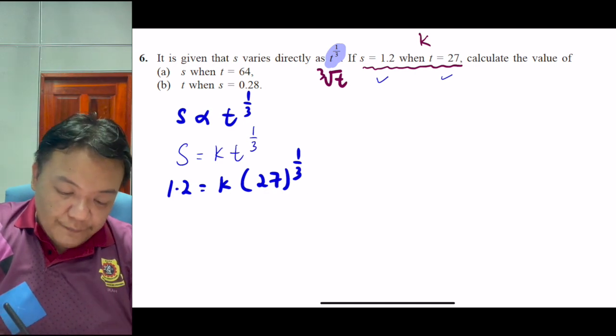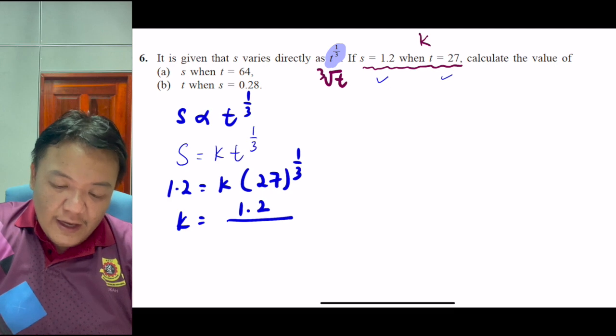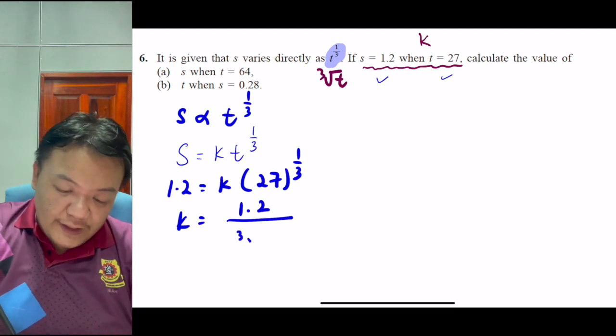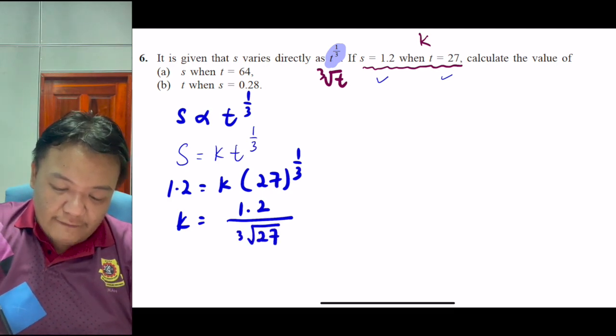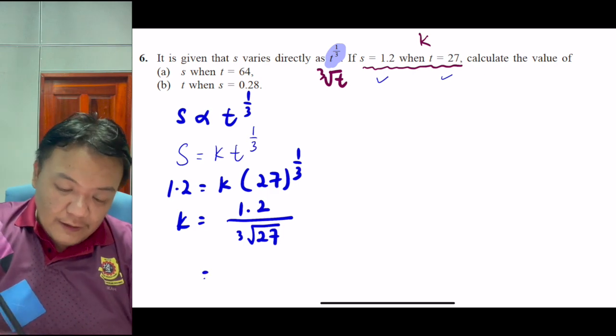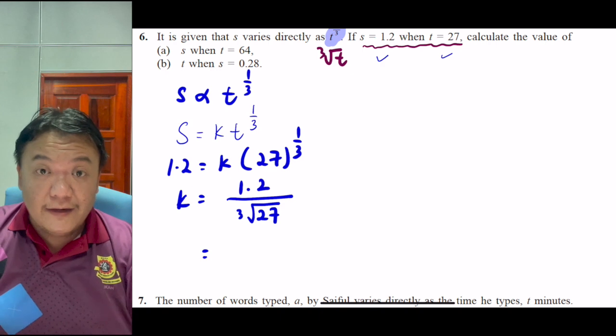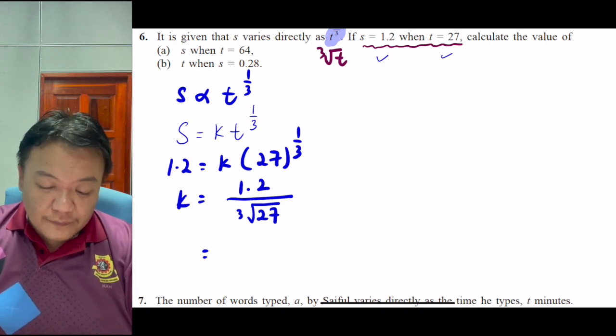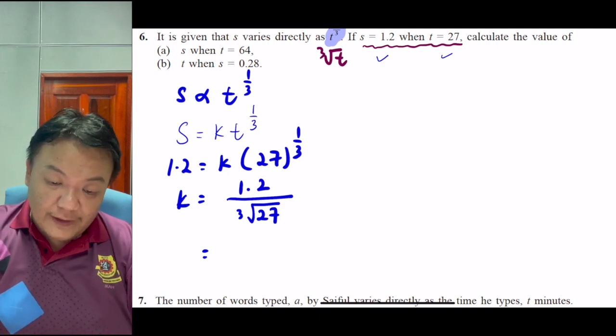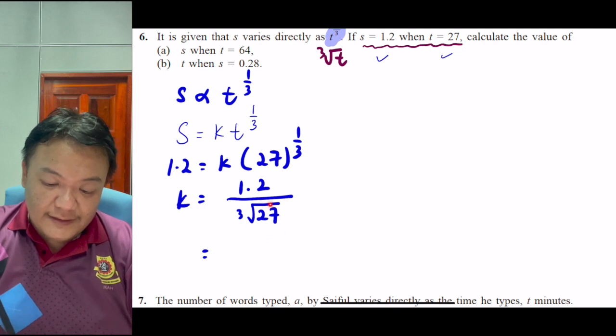So k is equals to 1.2 divided by 27 power of 1 over 3, also the cube root of 27, the same thing. Over here I will write it in a different style, so that you know that these two are the same thing.